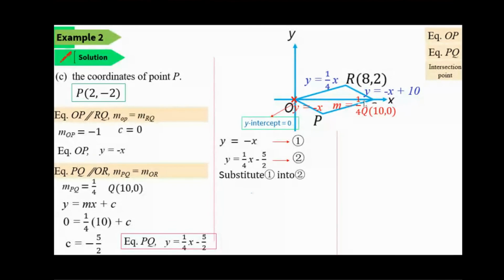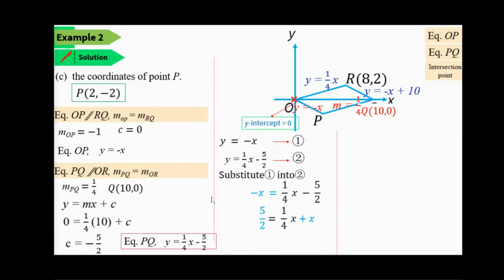So the right part of the first equation equals the right part of the second equation. After substituting, move the negative 5 over 2 to the left. Its inverse becomes positive 5 over 2 on the left.